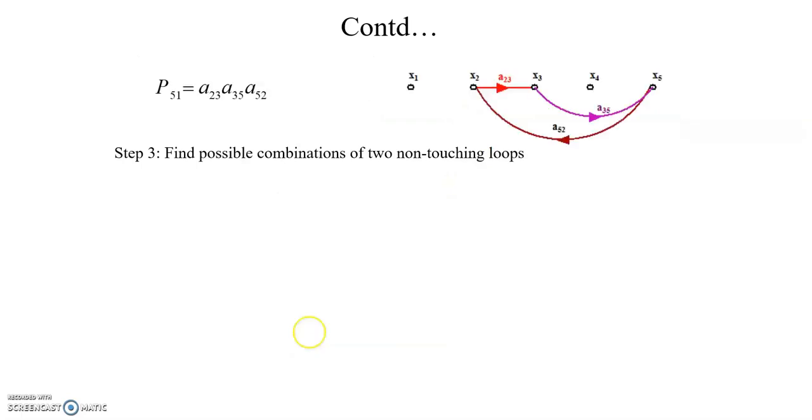Next one, P51 is equal to A23, A35, A52. Okay, so these are all the individual loop gains.